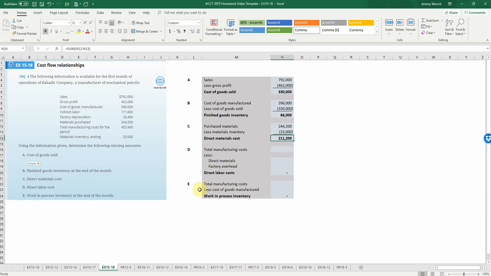What goes out of work in process is our total manufacturing cost. So the total manufacturing cost for the period is $455,400.